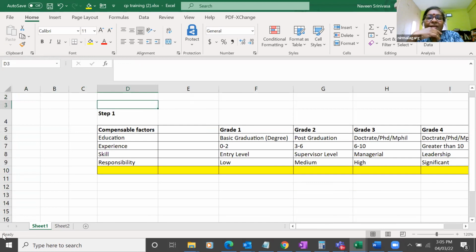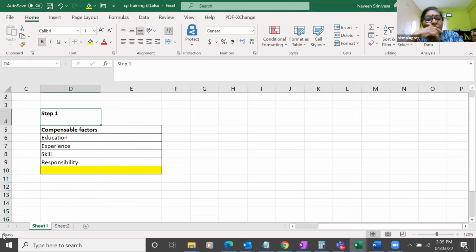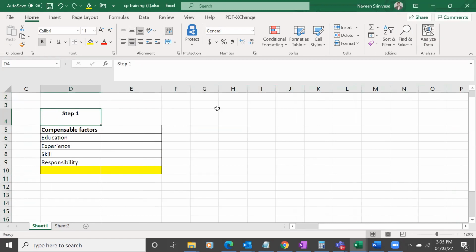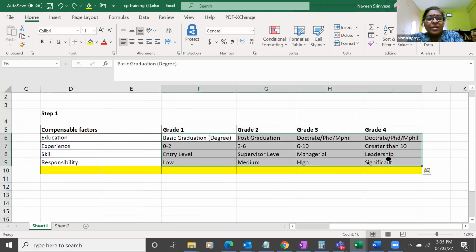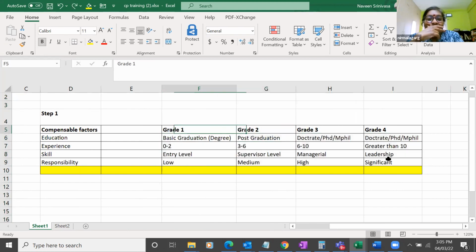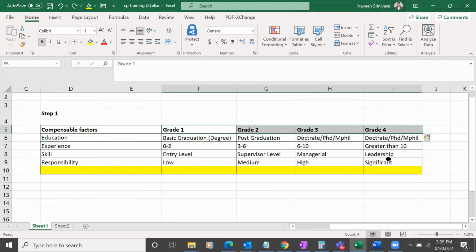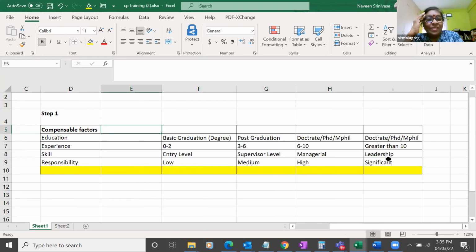Now, delete grade 1, grade 2, grade 3, only these grades, keep the other things, because we are not going to use grades. Naveen, the grade 1 column, you keep the other thing. Remove grade 1, grade 2, grade 3. That's it.